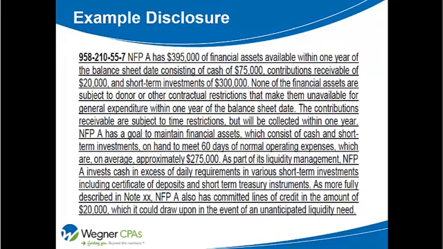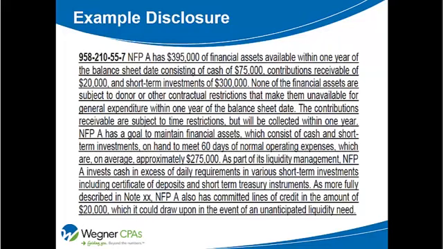In this example, these may or may not tie directly to your statement of financial position. So let's say, for example, you've got contributions receivable that aren't going to be received within 1 year. Those would be excluded from that 1,825. Or, for example, let's say you've got contributions receivable that are restricted for a capital campaign.